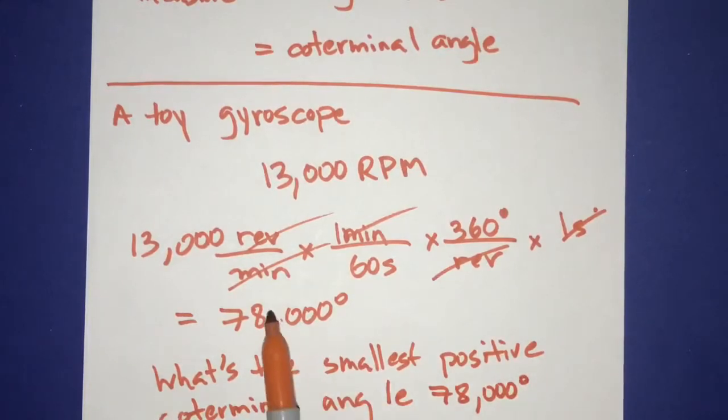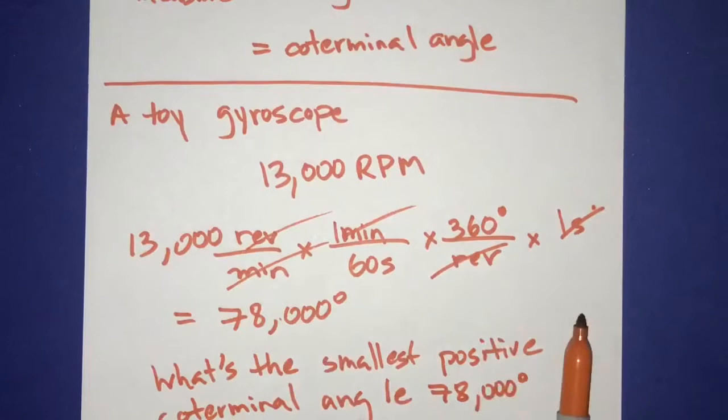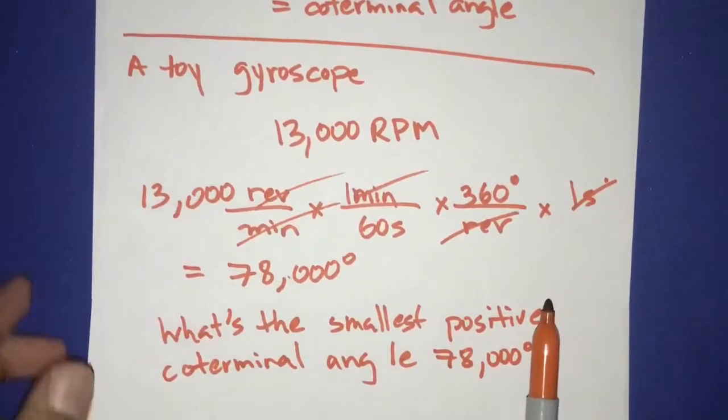Okay, so let's take the point that we're talking about on the gyroscope, say it corresponds to 0 degrees, and in that 1 second it sweeps out 78,000 degrees. Okay, so what angle does this correspond to? Okay, so let's go ahead and see how we could do this.